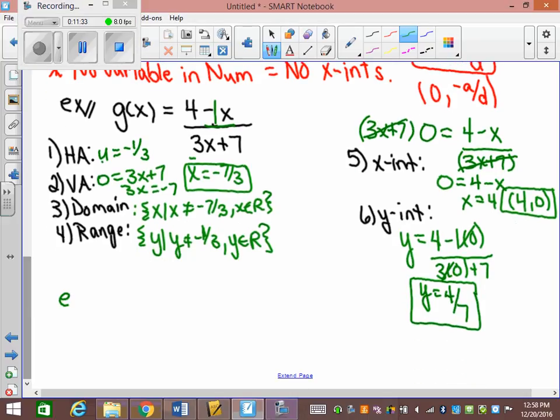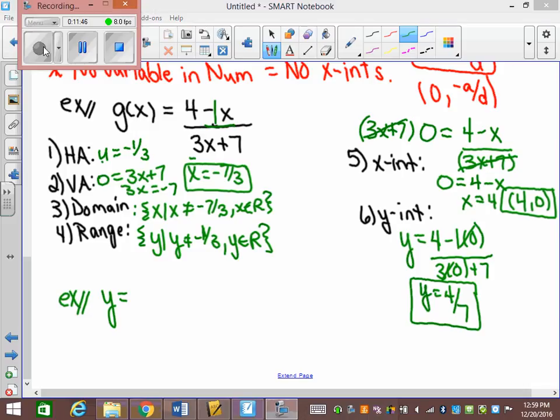And then the last type, y equals x squared plus 12x plus 32 over x squared plus 10x plus 16.